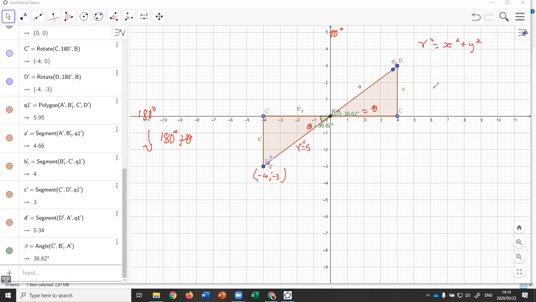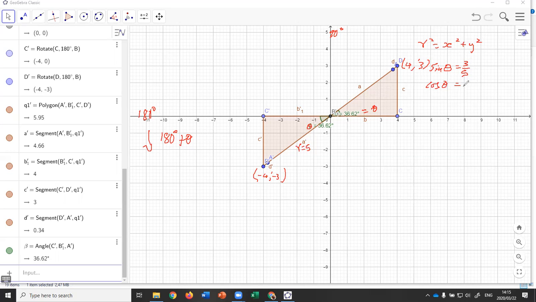So let's write down those ratios once again. Remember my point here is 4 and 3, okay? Sine of theta is opposite, which is what? 3. So here's my theta, 3 over hypotenuse, which is 5, okay?